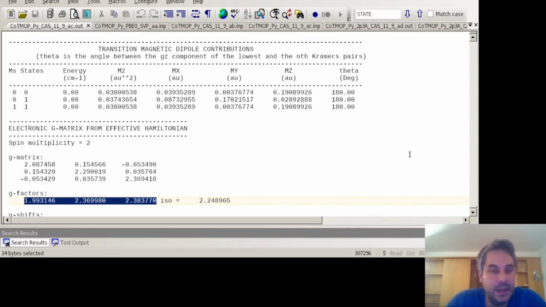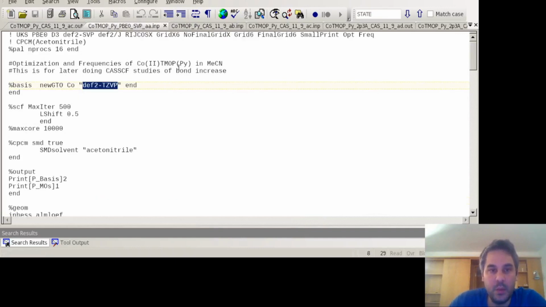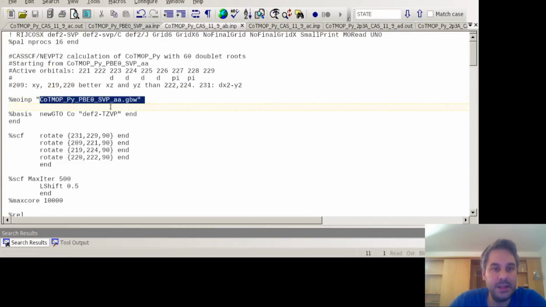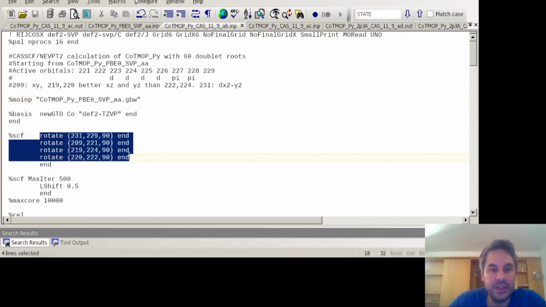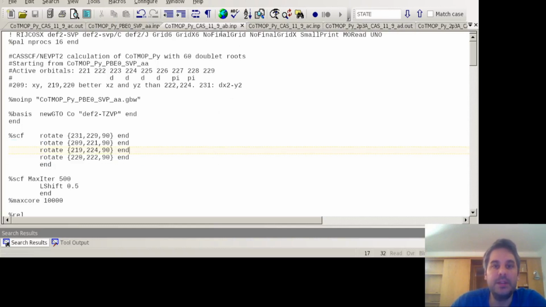So it took basically 2 iterations. We started with a DFT calculation, then we read the orbitals into a CASSCF calculation. We rearranged several orbitals, some of them far from the initial active space, and this was good but not good enough.